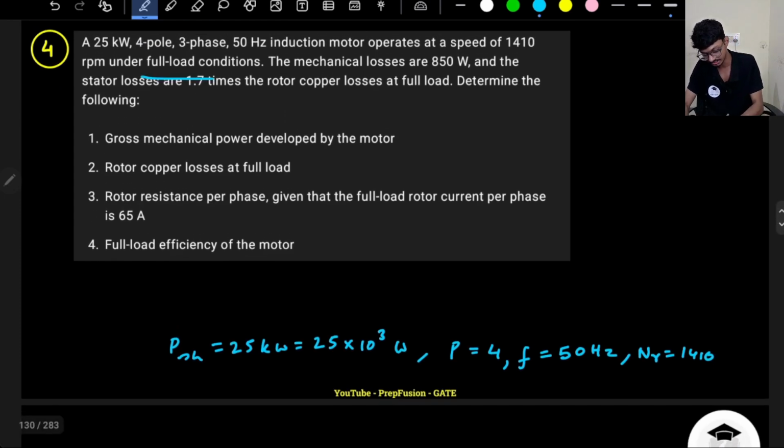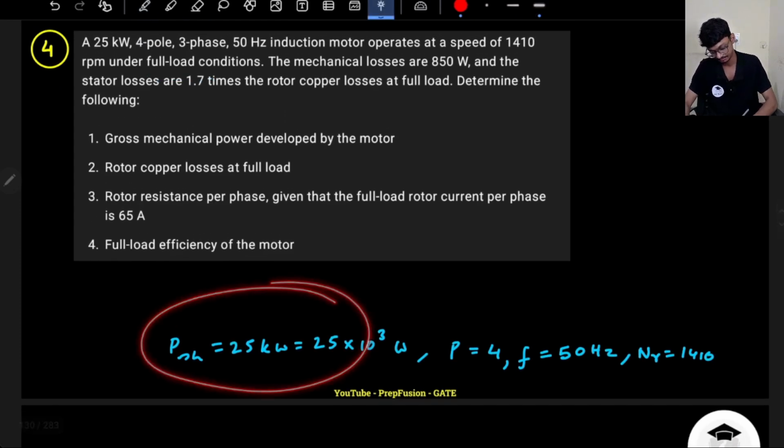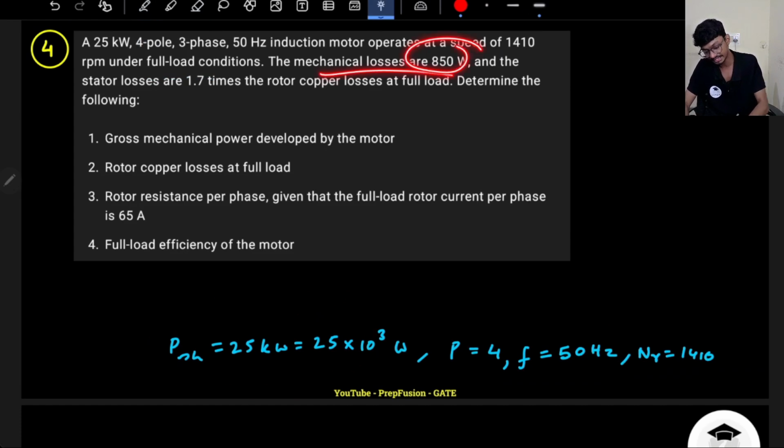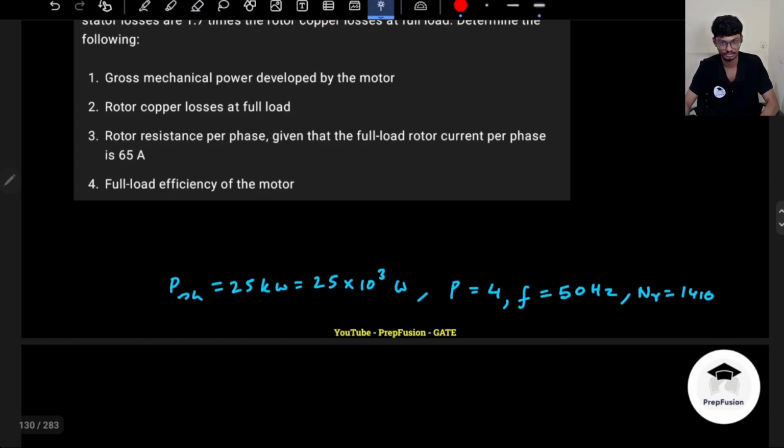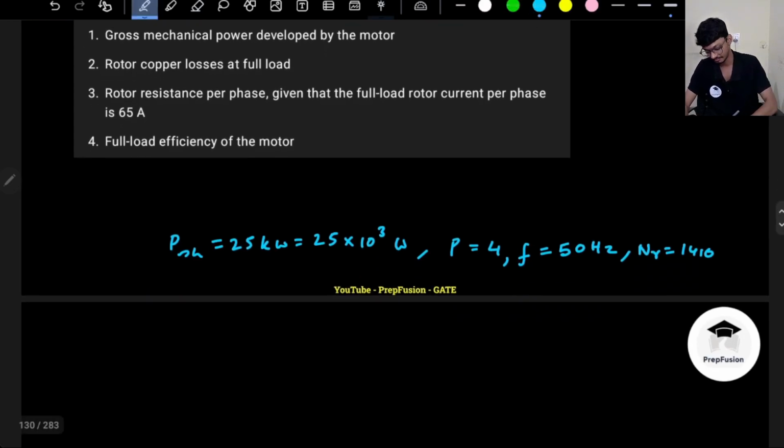Under full load condition, basically it is telling that it is operating in rated condition. The mechanical losses are 850. Mechanical meaning same as friction and windage loss. So mechanical losses mean this only one kind of mechanical loss we have, friction and windage loss. It is 850 watts.